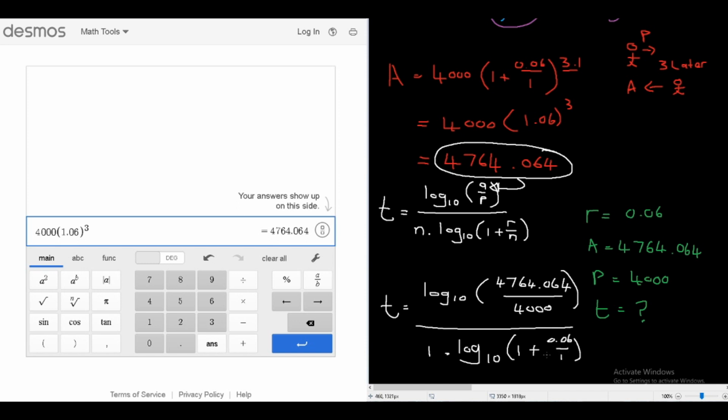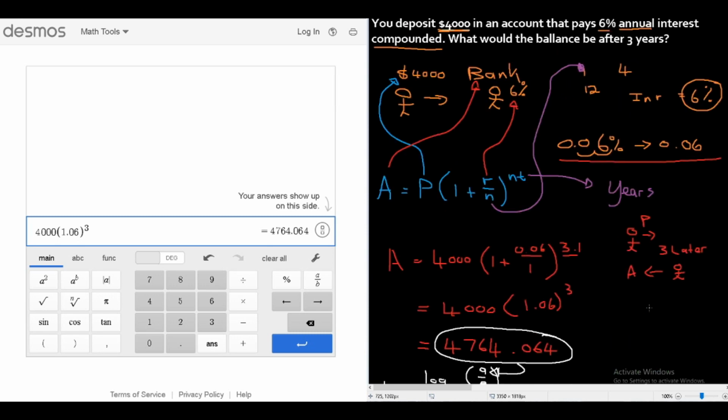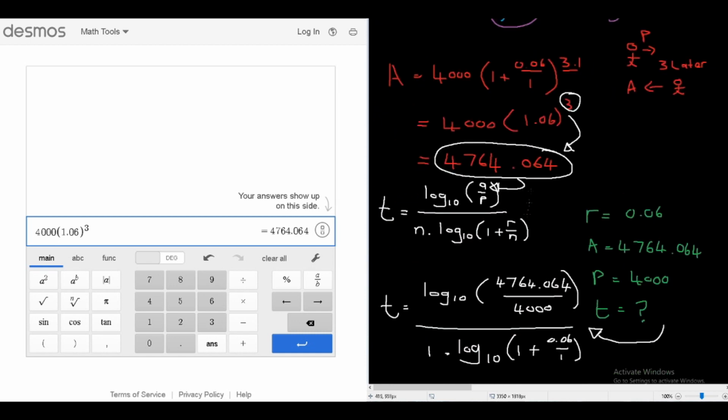Again, this would just be 1.06. I'm going to show you how to find this answer exactly on a calculator. And if I do type it correctly on the calculator, I should find 3. Because remember, we used 3 to find A. So now if I had to calculate T by using this in the final amount, I should find 3, right? T should be equal to 3.